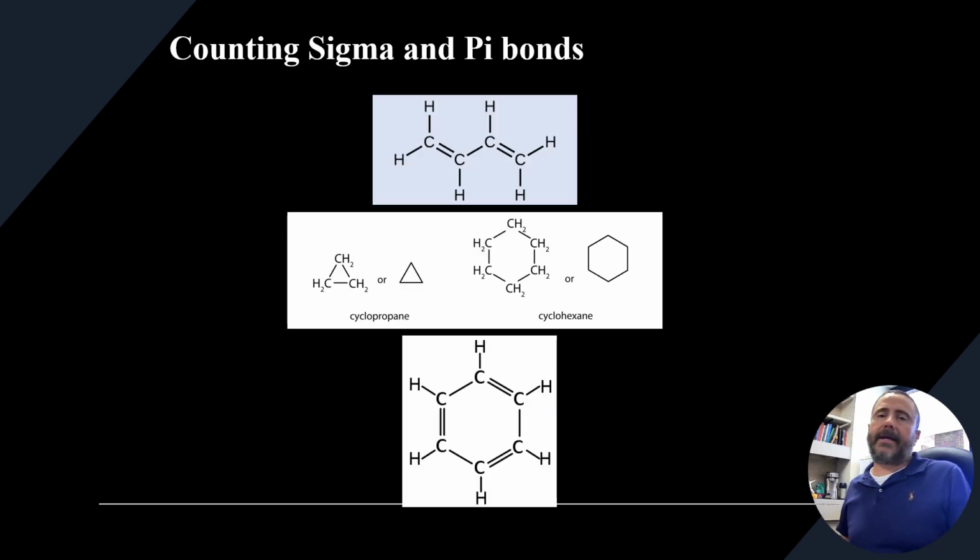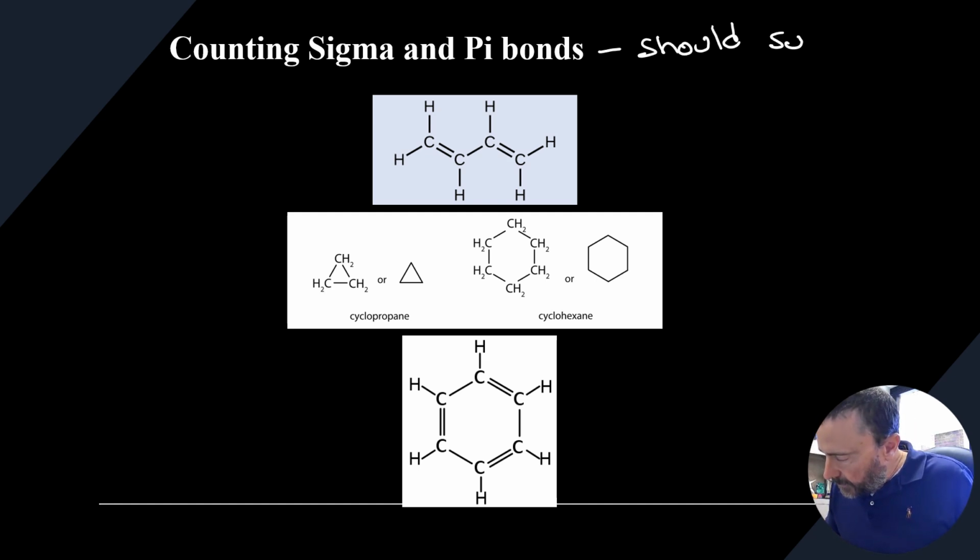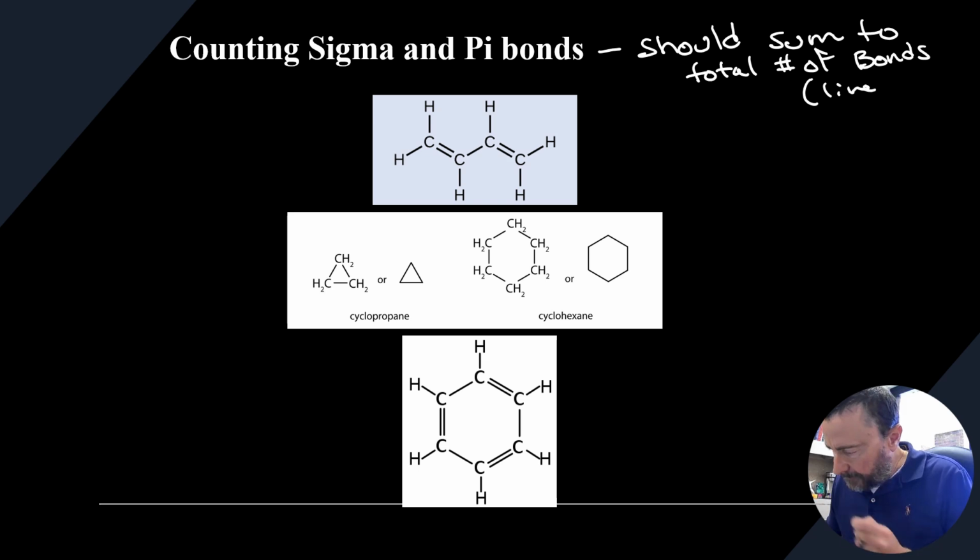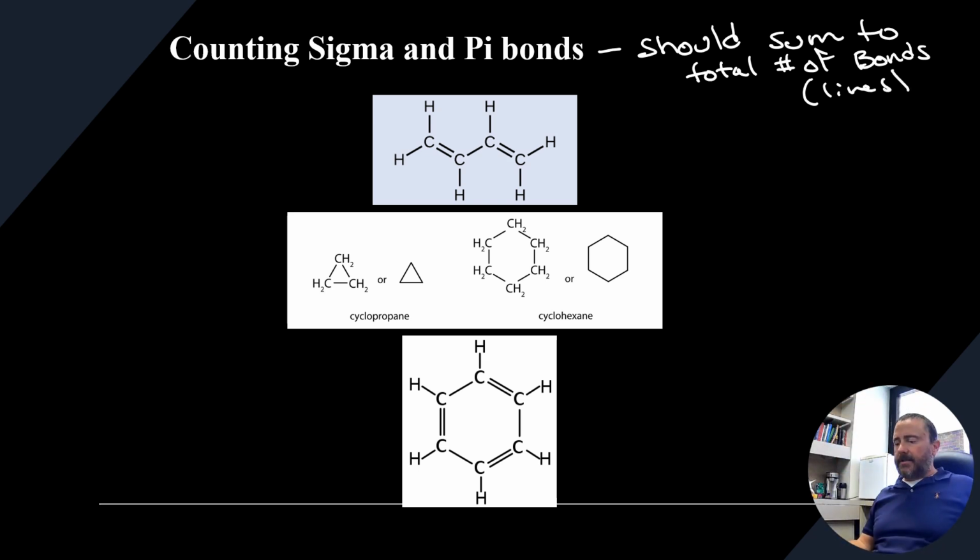All right, now, can we count sigma and pi bonds? These should sum to the total number of bonds, so the total number of lines. Every type of bond has a sigma bond.